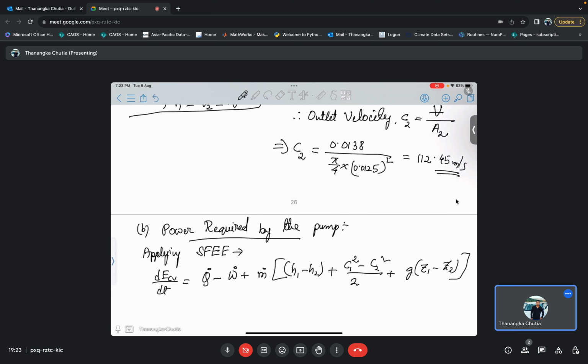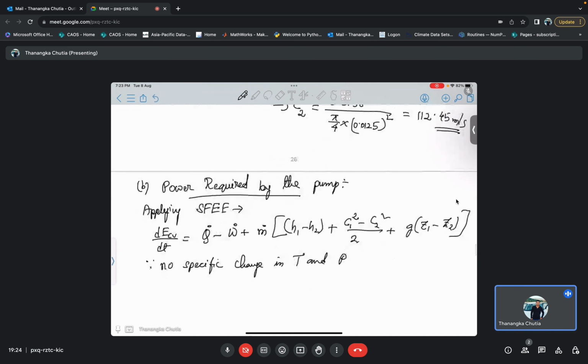Now since there is no significant change in temperature and pressure, and we know that reversible adiabatic work is equal to the negative integral of V dP from 1 to 2, this reversible adiabatic work will be basically equal to 0.